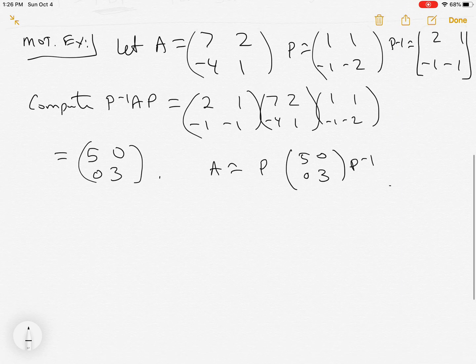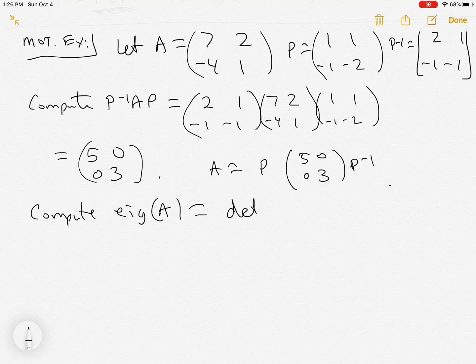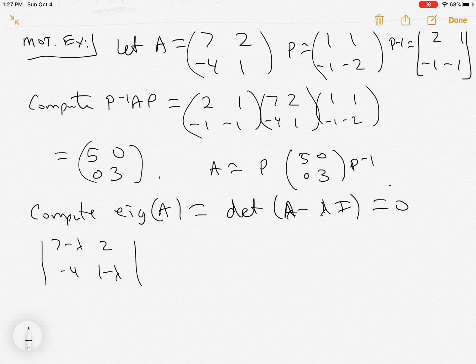All right. So let's explore this matrix A for a minute. First of all, let's compute the eigenvalues of A, which is just taking the determinant of A minus lambda I and setting it equal to 0. So this determinant is 7 minus lambda, 2, minus 4, 1 minus lambda.